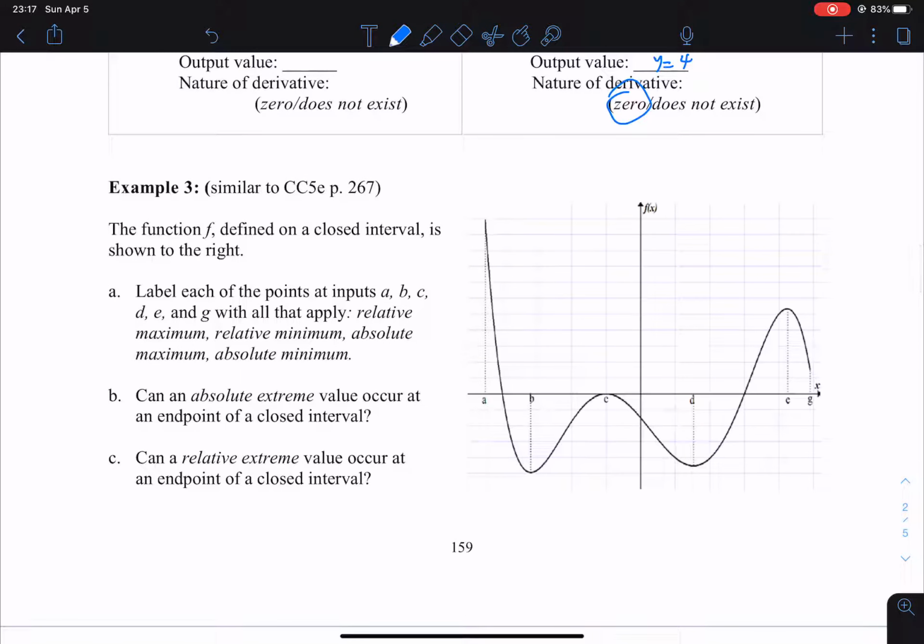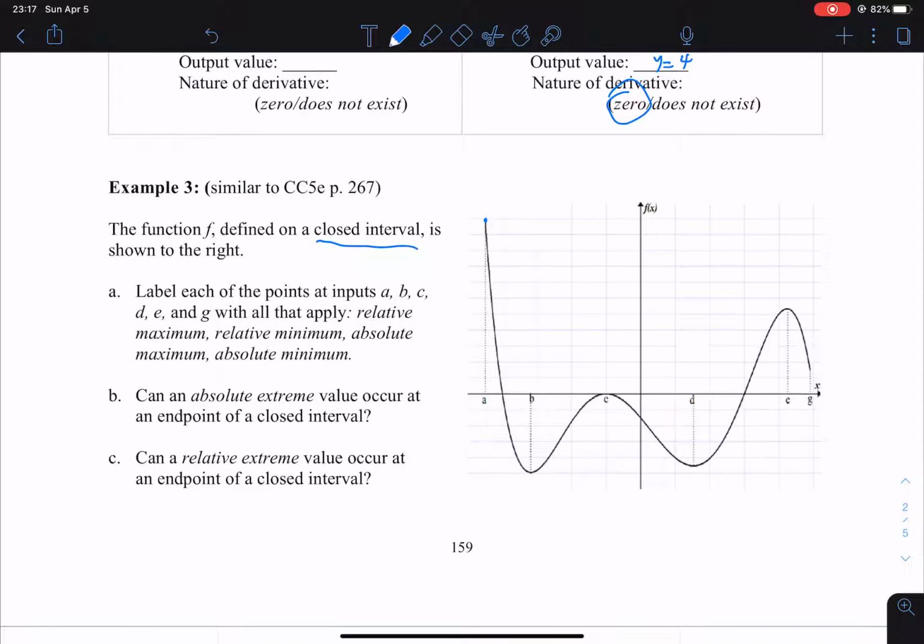Next, let's finish example 3 in 5 minutes. For this function, you can see the function is defined on a closed interval.